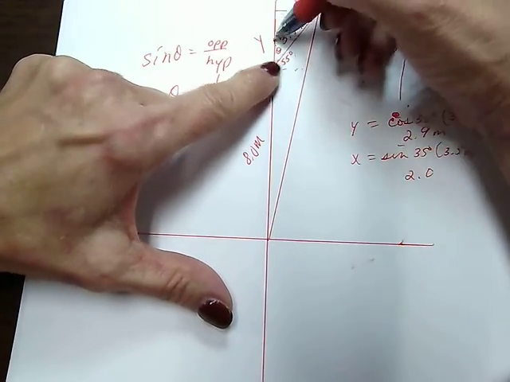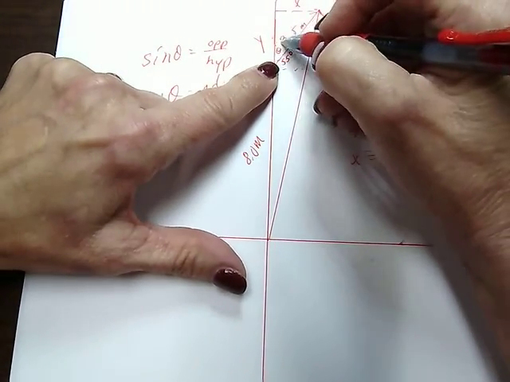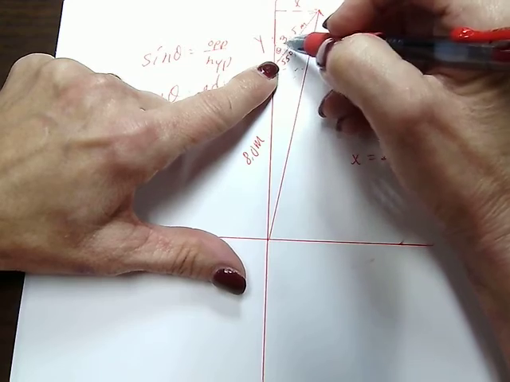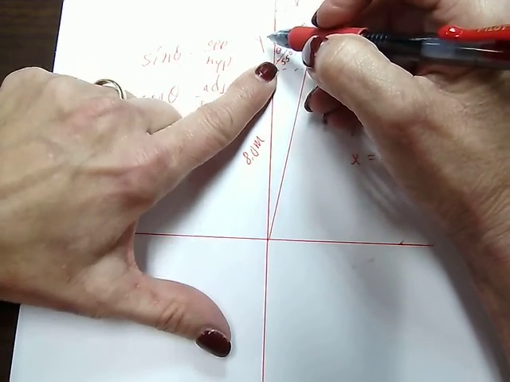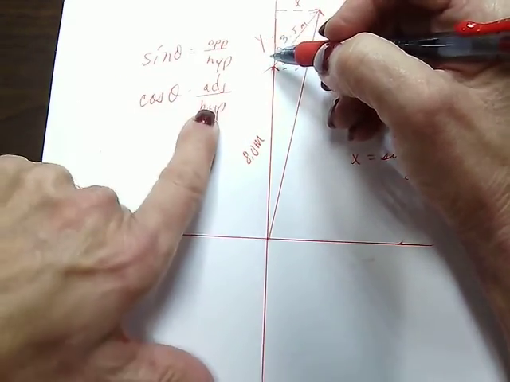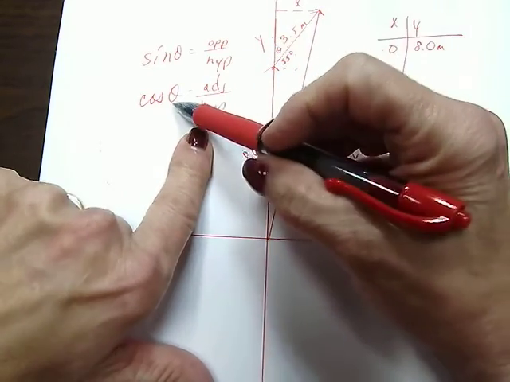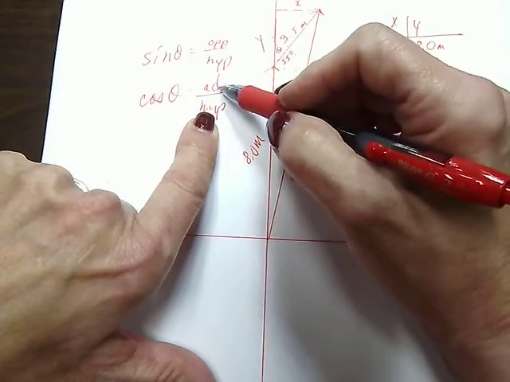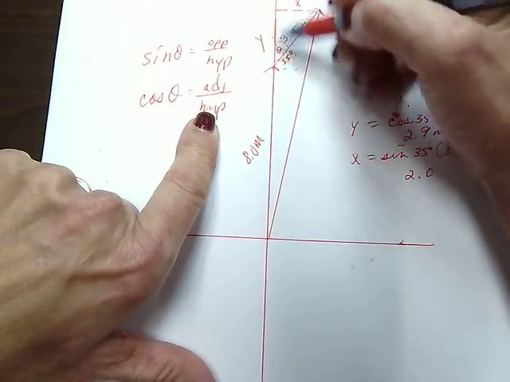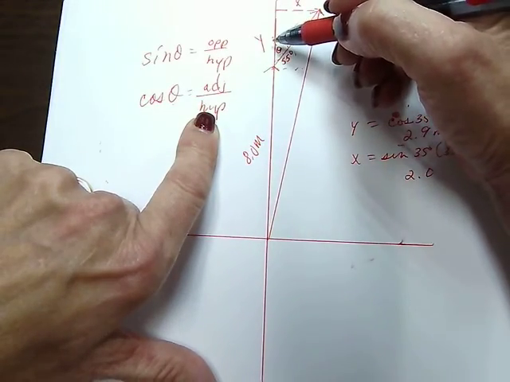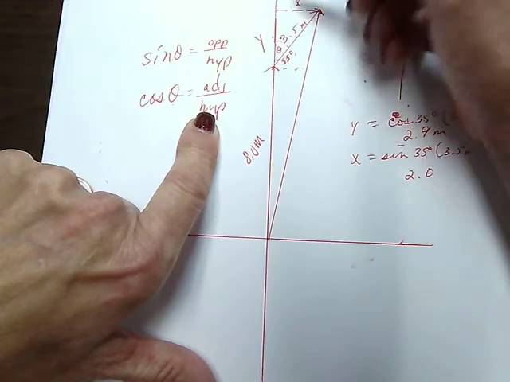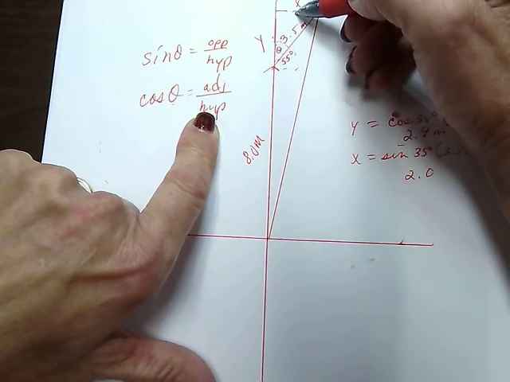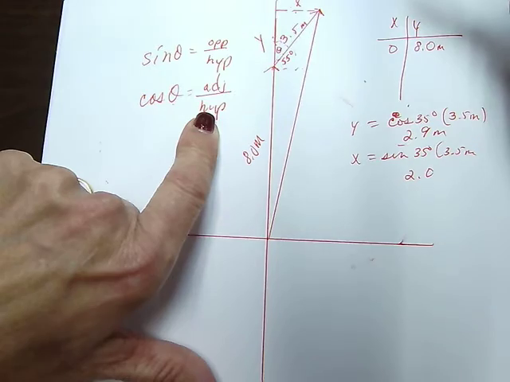My y value is adjacent to the angle, it's the side of it, so I have to use cosine for my y value. I'm going to put 35 here and 3.5 here and multiply them together to get the y value. The adjacent? Mm-hmm, that makes sense. And then the x is opposite the angle I'm using, so I have to use the sine.